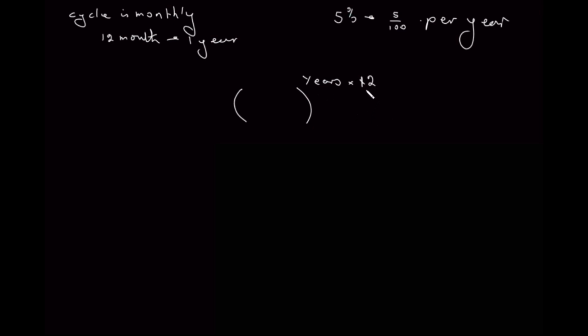So it is 12 months multiplied by the years, gives you the total calculation cycle. Is that clear?